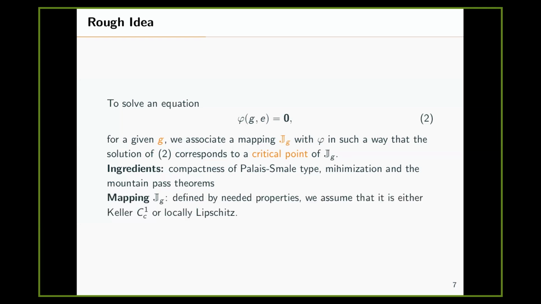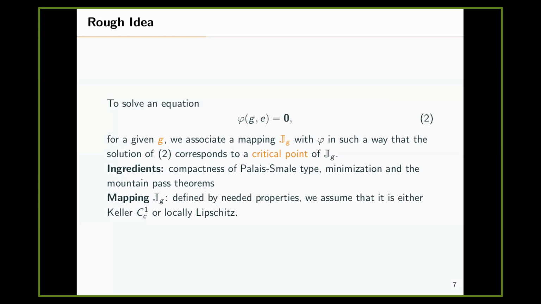And regarding the mapping that we introduced, we don't define it explicitly, but we define it by needed properties that comply with our ingredients. Also, we will consider two classes of differentiability, the C^1 class, and local Lipschitz.